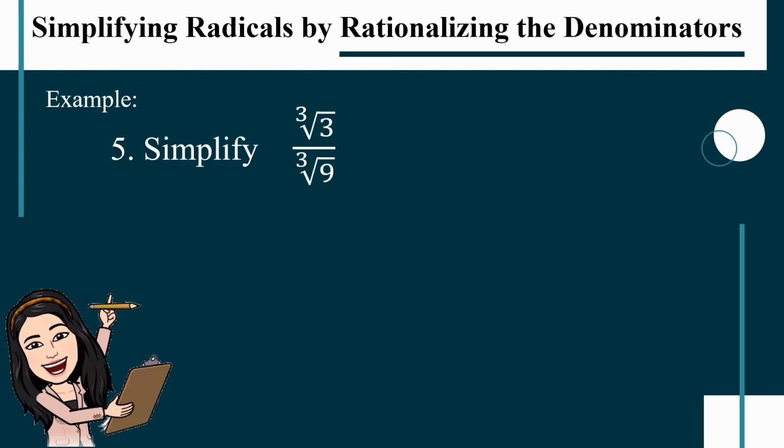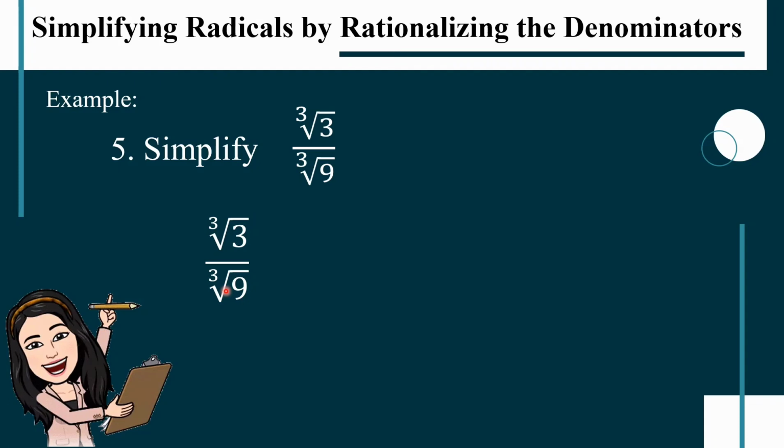Next, we have simplify cube root of 3 divided by cube root of 9. So, let us simplify it by, again, multiplying both sides by a number that would make our denominator, yung cube root ng 9, a perfect cube. Ano ba yung pwede nating i-multiply kay 9 para siya ay maging perfect cube?